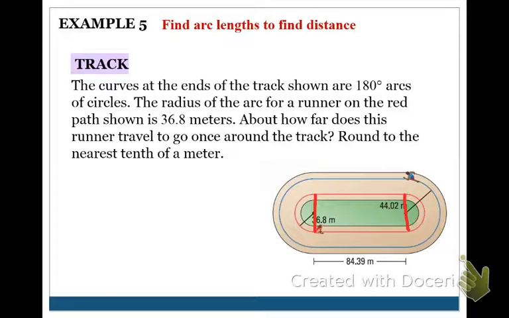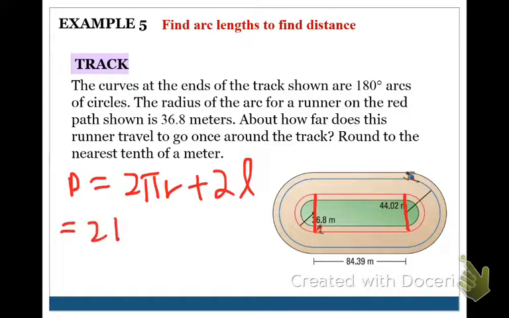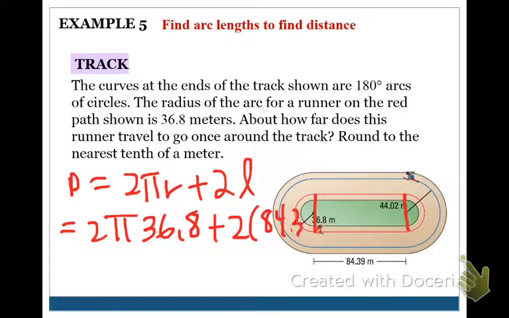So our distance is going to equal 2 pi r. That's the circle part. Plus 2 times the length of the straightaway. So then we plug in. That equals 2 pi, the radius is 36.8, plus 2 times 84.39.